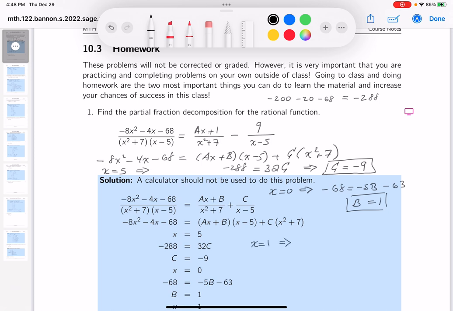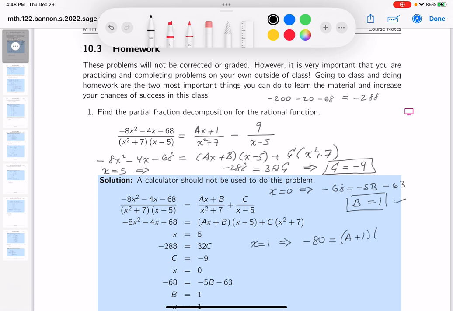And what would that give you? Let's see, minus 8, minus 4. That's minus 12, minus 80. So you can get a. B is 1, we just determined that over there.